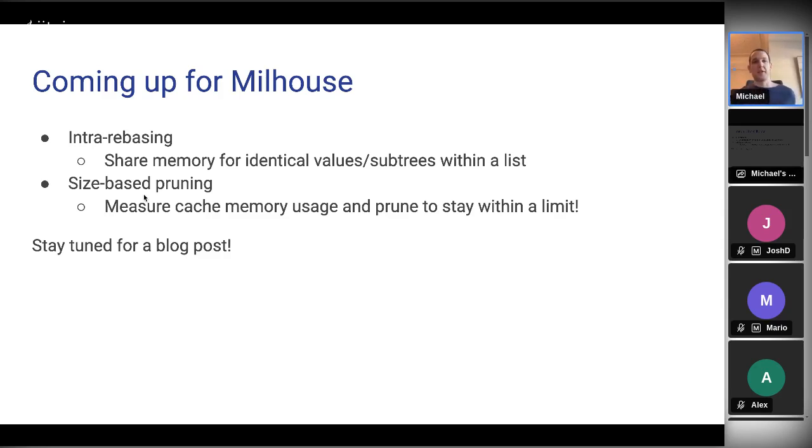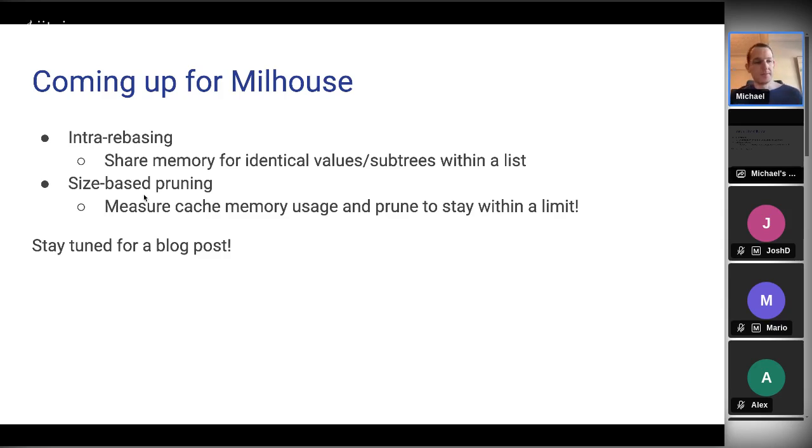I think this is a really cool idea, because when you're running a node, particularly on constrained hardware, say a Raspberry Pi, you can say, I do not want to use more than 4 gigabytes of RAM, and I want you to prune the cache to stay within that limit. So that's something that we're quite excited for.